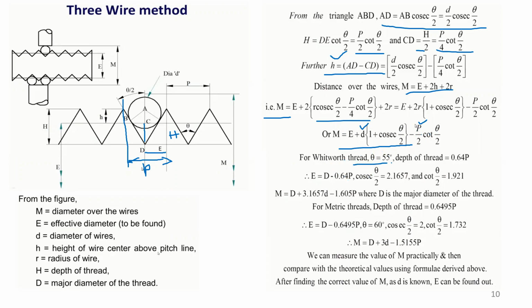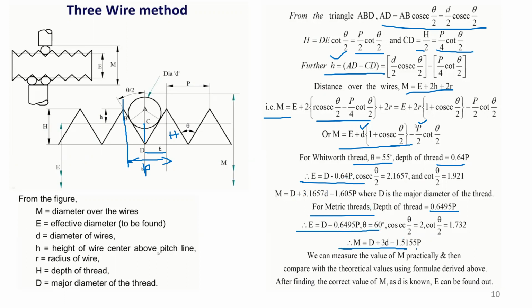For Whitworth thread, theta is equal to 55 degree. So therefore, the depth of the thread becomes 0.64 times pitch. Therefore, the effective diameter is equal to D minus 0.64 times the pitch. And if it is a metric thread, depth of the thread is equal to 0.6495 times the pitch, and effective diameter will become capital D minus 0.6495 times the pitch.